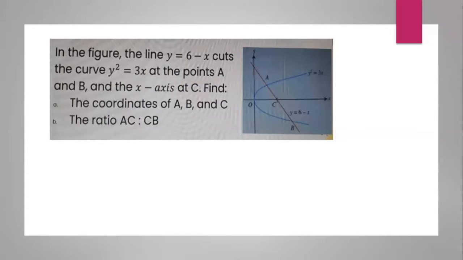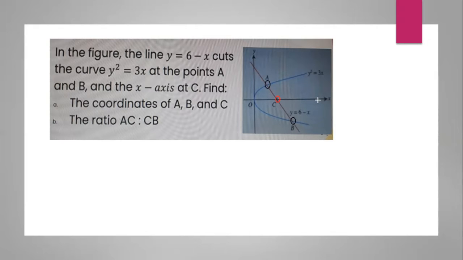Okay, there's a question. In the figure, the line y equals 6 minus x cuts the curve y squared equals 3x at the points A and B, and the x-axis at C. There are 3 intersections.